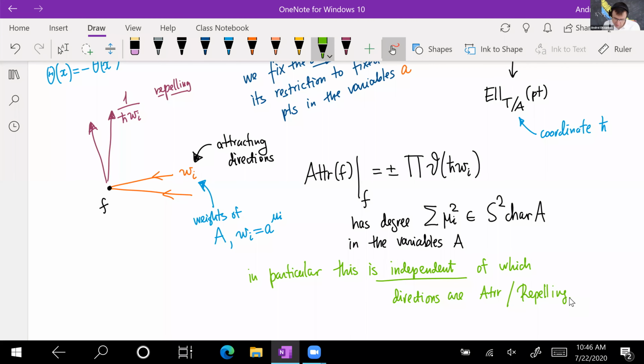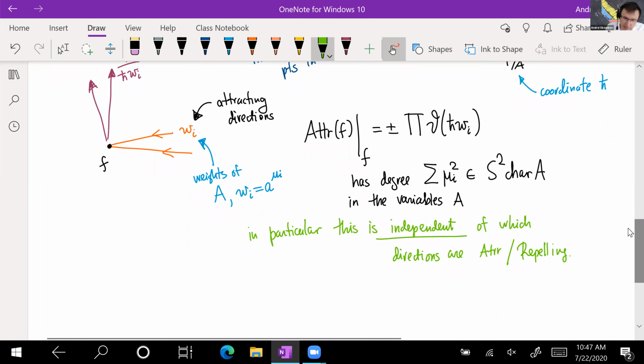Because if I choose a different splitting of attracting and repelling directions, some W will change to 1 over W, and so this mu i will change to minus mu i, but the square will not change. It'll be the same. So the degree is the same. So this is the actual line bundle. Of course, the actual line bundle will be different, but the degree is going to be the same.